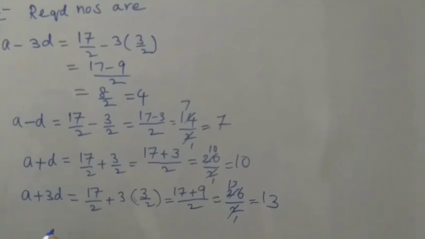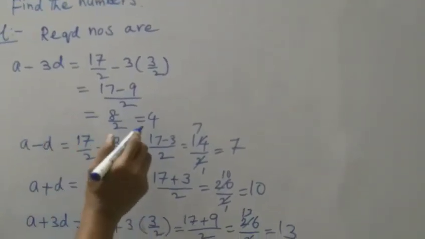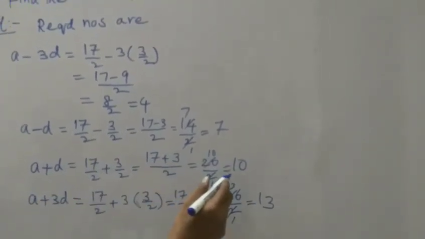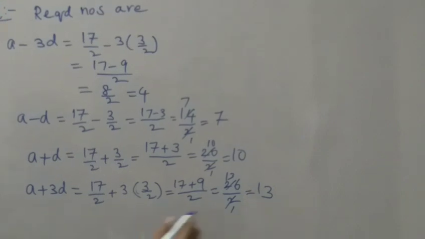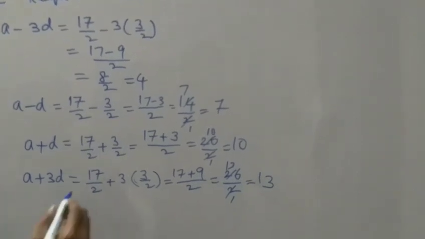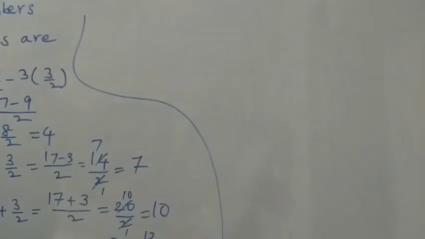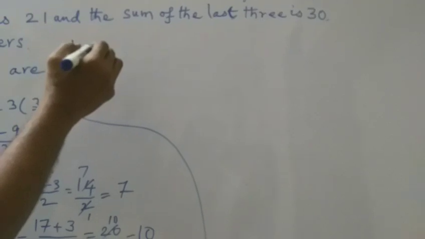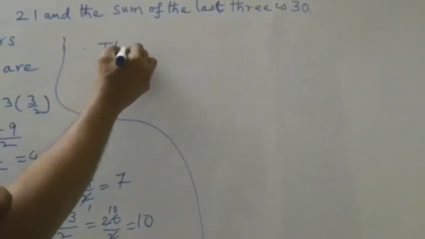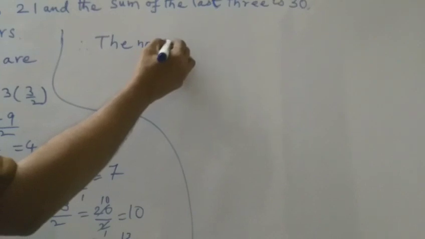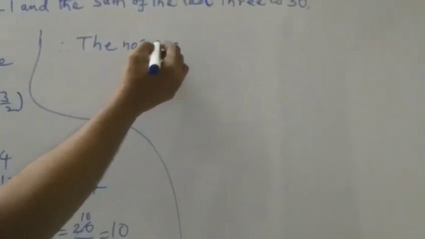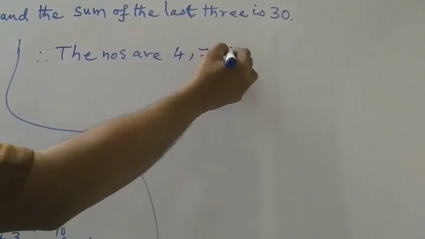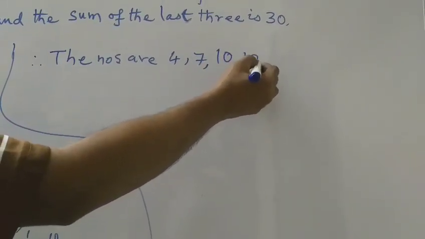So those numbers are: a minus 3d is equal to 4, a minus d is equal to 7, a plus d is equal to 10, a plus 3d is equal to 13. Therefore, the numbers are 4, 7, 10 and 13.